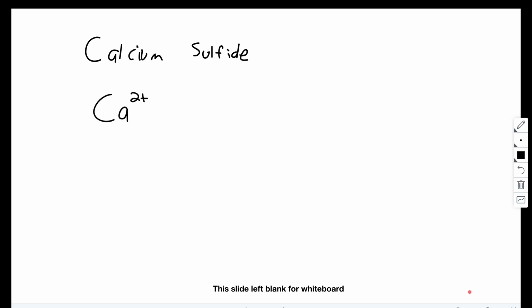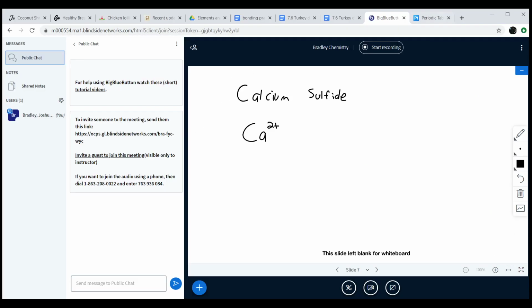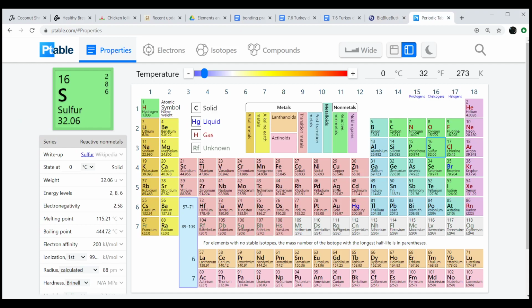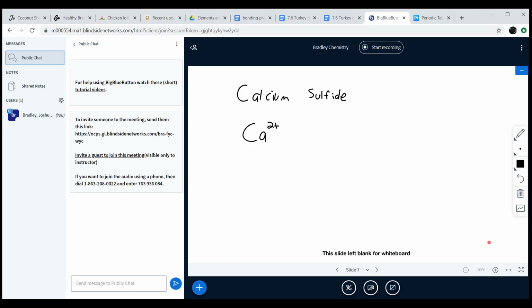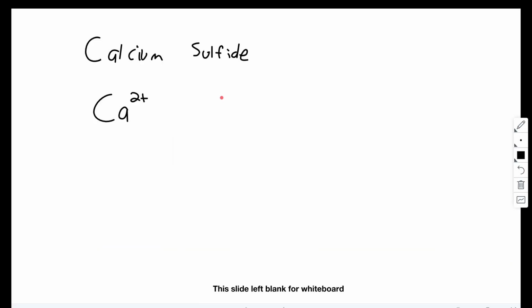And then sulfide, we'll have to find sulfide here. So that's right here, that's sulfur. And sulfur is in column 1, 2, 3, 4, 5, 6. So it's 6, and it's in the non-metal group. So that means it's going to gain 2 electrons. Okay.